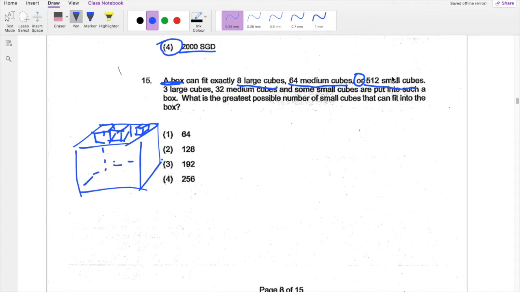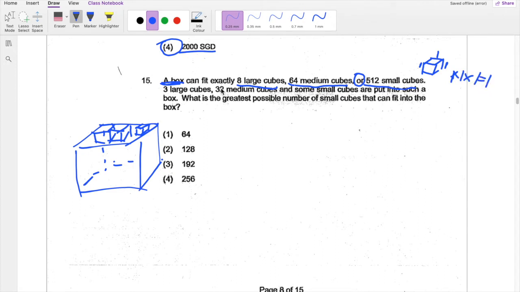So for this one we can assume, for example, the small cube is something like this, right? The width, depth, height are all the same. So if the side of the small cube is 1, then this volume is 1, because 1 times 1 times 1 equals 1.